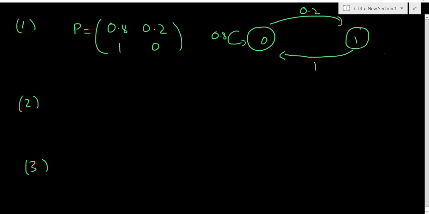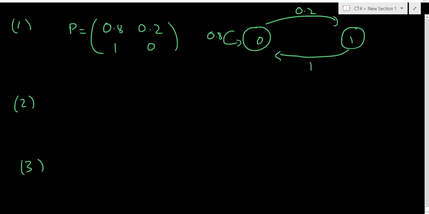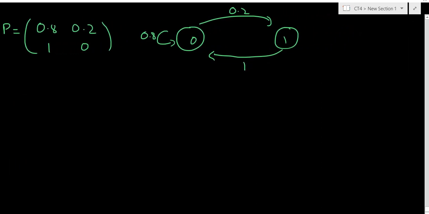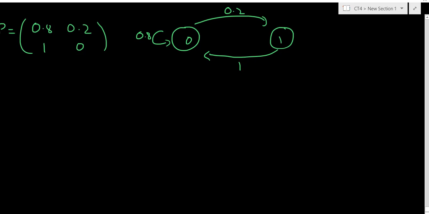Now the definition said that the period of a state is d if return to that state is only possible after an integer multiple of d steps.